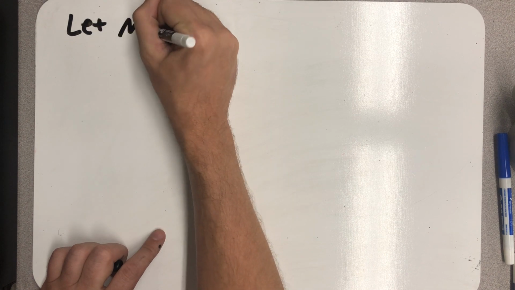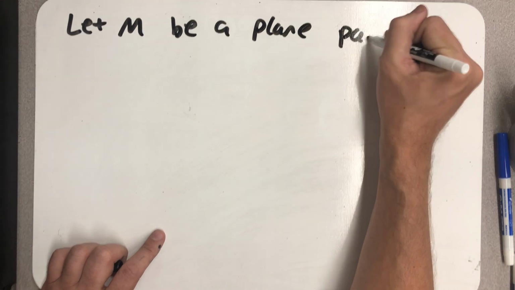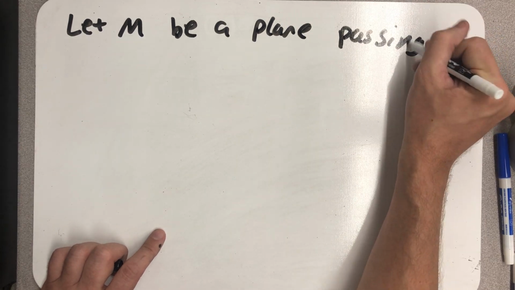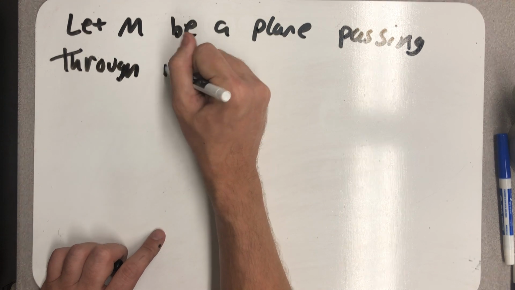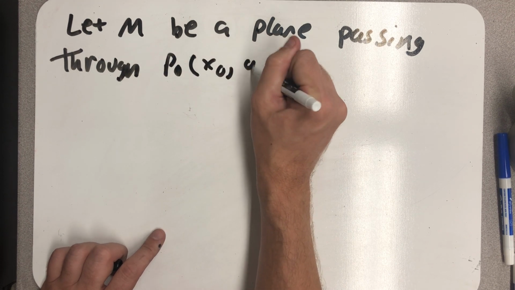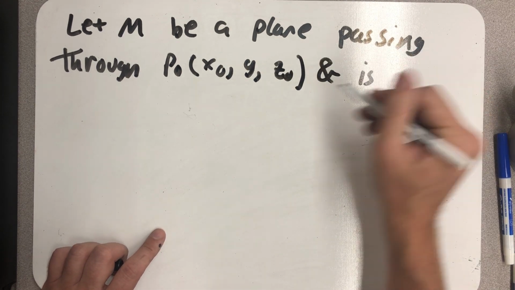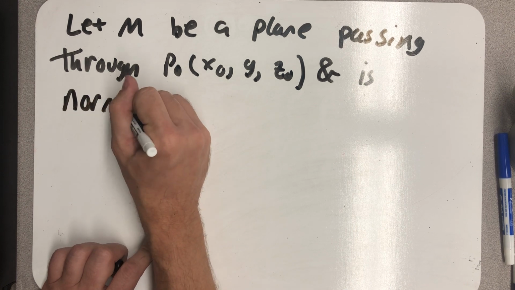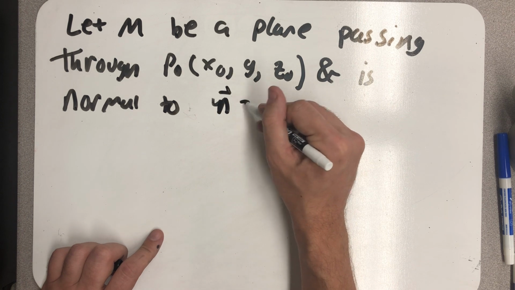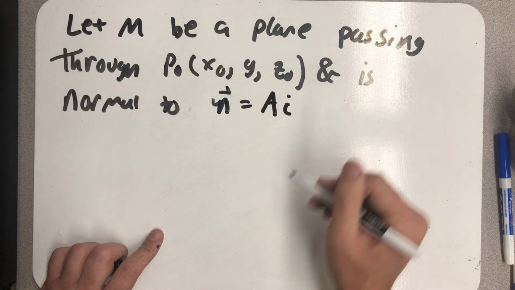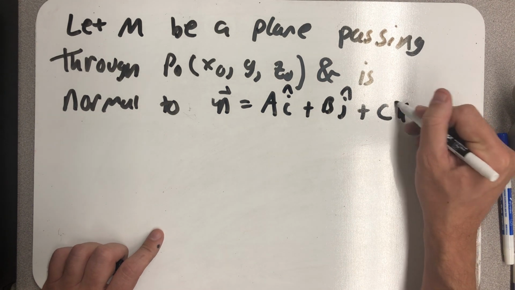Let M be a plane passing through the point P naught, which is (x naught, y naught, z naught), and is normal to a vector n, which is a times i plus b times the vector j plus c times the vector k.